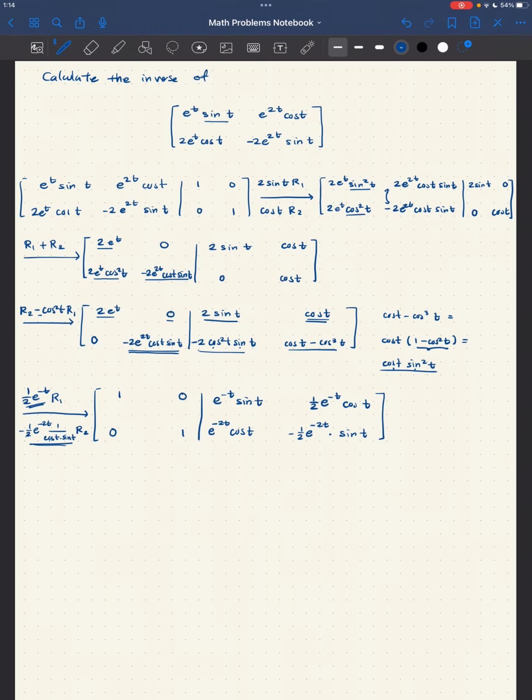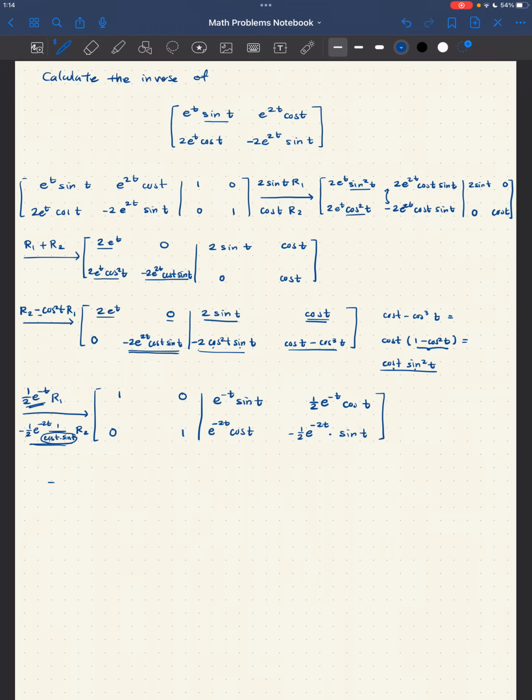Now, let's make a simple verification. It doesn't hurt, because we had made several assumptions, right? As we processed it, we assumed that this is non-zero, and there are several values of t for which this is 0. So why don't we make a verification?